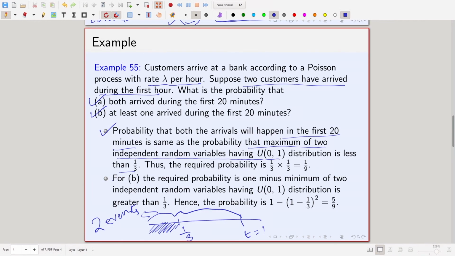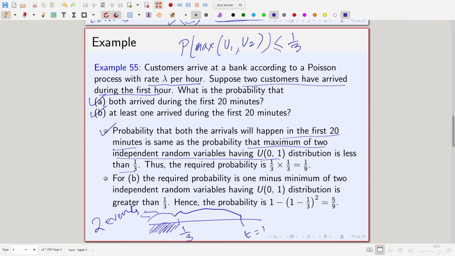Here t is 1, and you know how to find the distribution of the maximum. So the probability that max of U1 and U2 is less than or equal to 1 by 3.